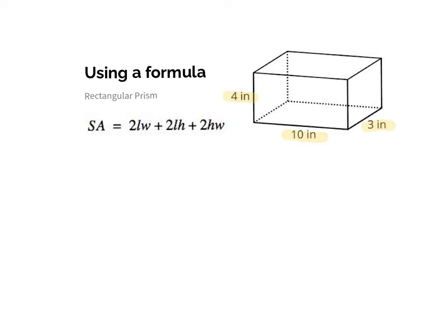The other way to calculate surface area is to use a formula using our length, width, and height. Our length is 10 inches, width 3, and height is 4. Next, we're just going to plug those values into our surface area formula.